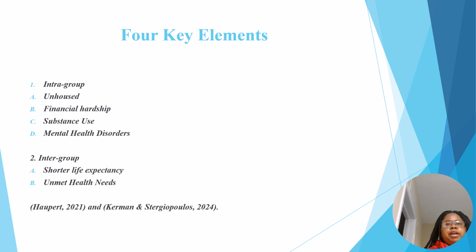The first part of the immersion project was heavily centered around research. There were four key elements. The first was to identify and learn more about the intra-group characteristics and inter-group characteristics. Intra-group characteristics are characteristics that exist within a group, like, for example, the things all the members of a team share in common.